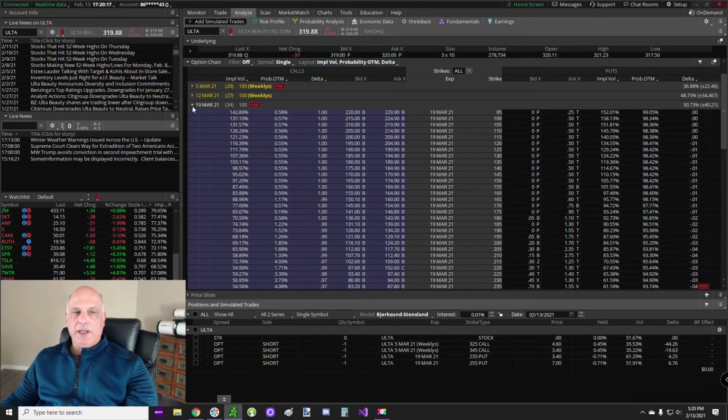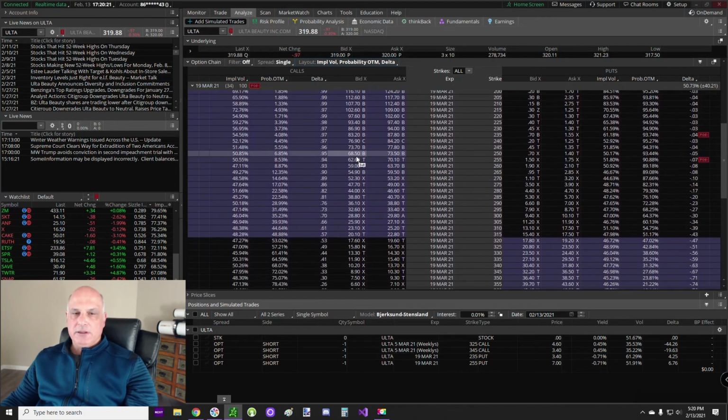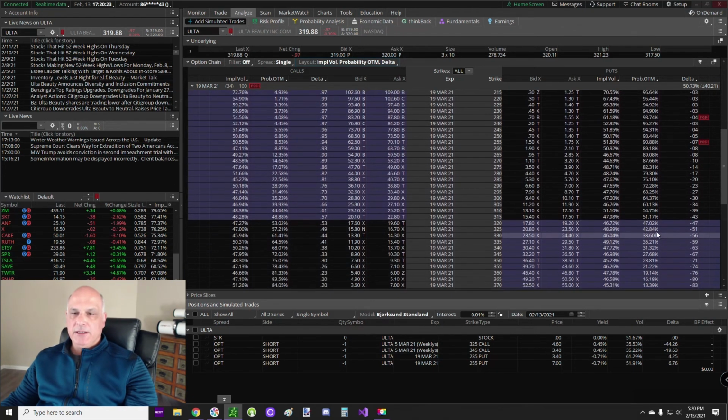So when we open up that 19th of March, we can come down here and see the call chain and the put chain, and we would want to see the probability of out of the money. If we want to include that standard deviation, one standard deviation move, we said in that video that we want to target the 84% out of the money, and that 84 number was because we want the 34 plus the 34 plus the 16 plus the 2.